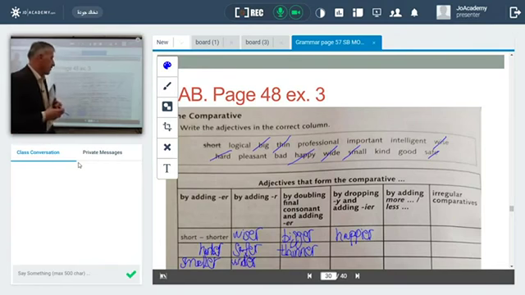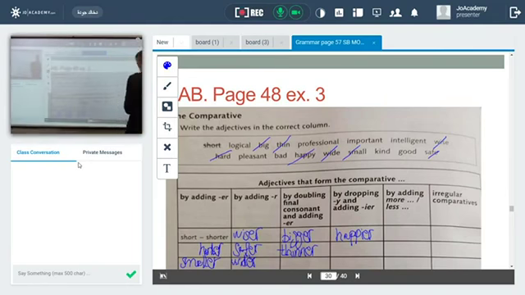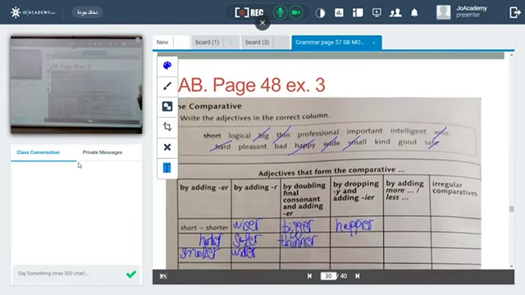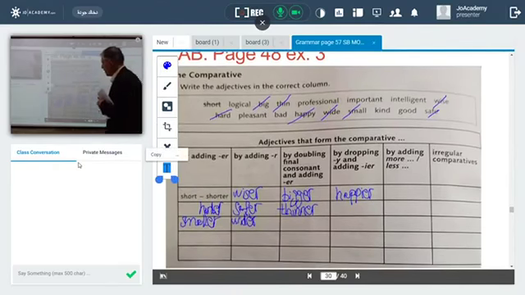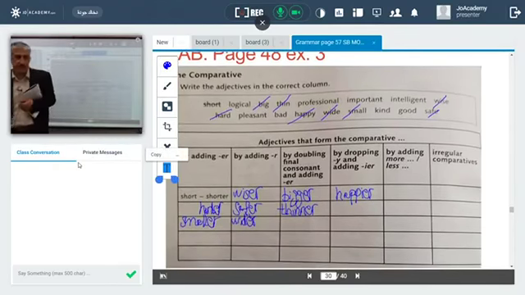Happier. Okay. Next, by adding more or less. Sometimes we need to add more or less. Still we need one. Let's take it up, and still we have spaces. Here we have kind.